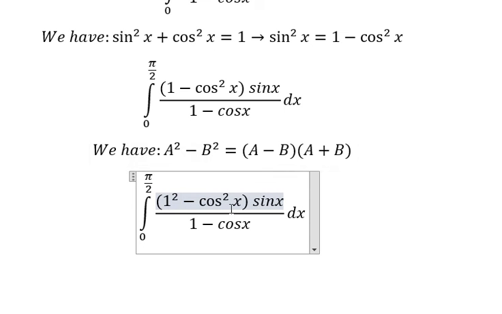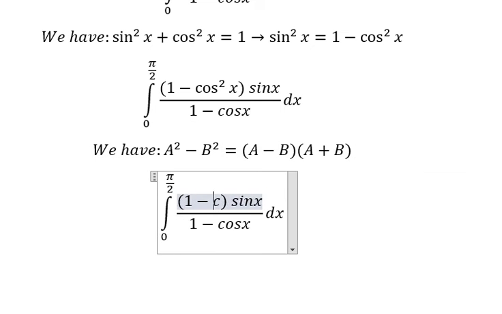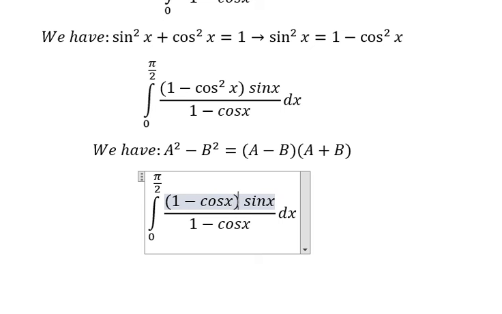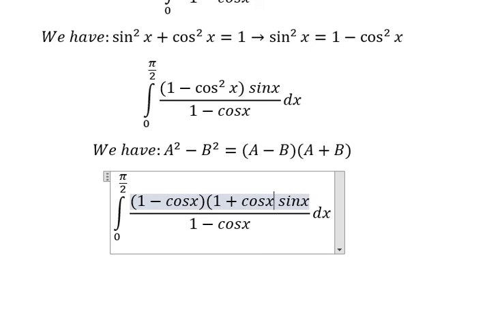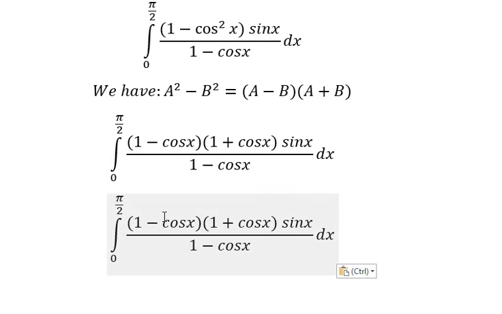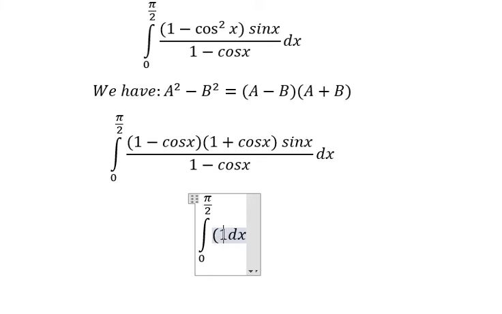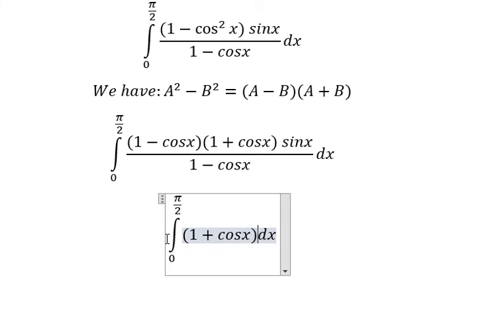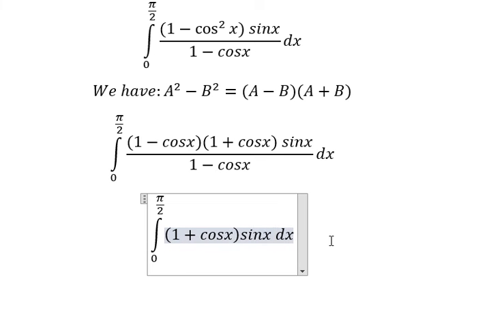So this is a, this is b. So this one we have 1 minus cosine s, and we have 1 plus cosine s. So 1 minus cosine s divided by 1 minus cosine s. So we have 1 plus cosine s times sin s.